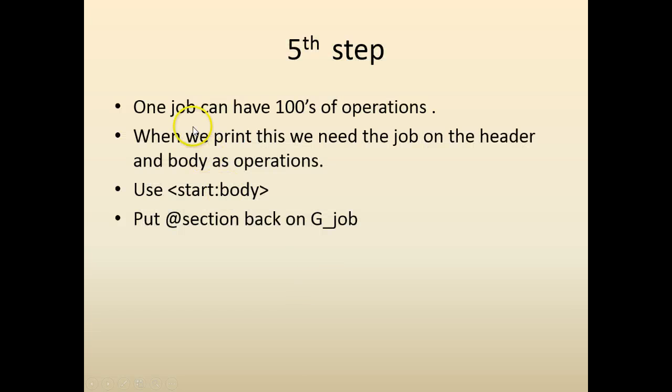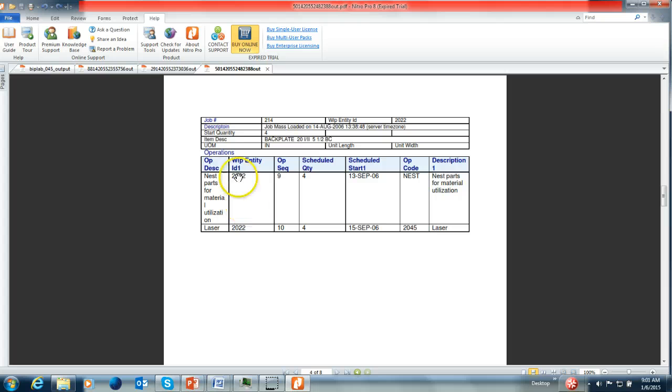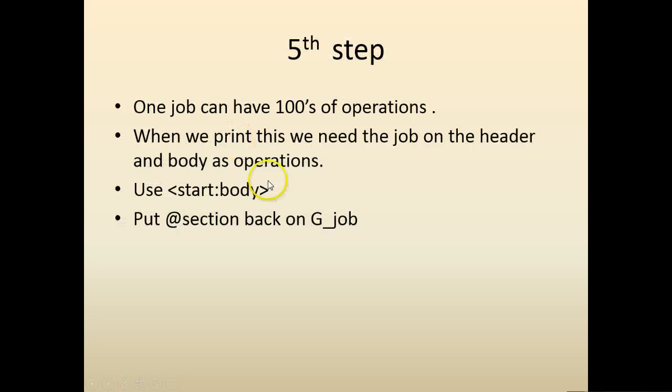In this fifth step, the reason why we need to focus on it is we have one job, and we can have multiple operations. So we need to make sure that the operations are tied to the job. So we are going to use start body and end body to hold the pages together along with the job.